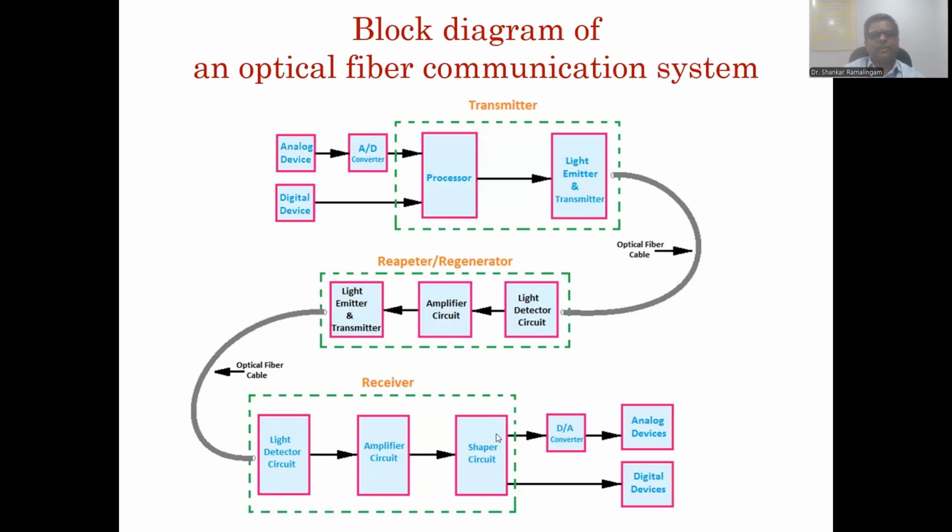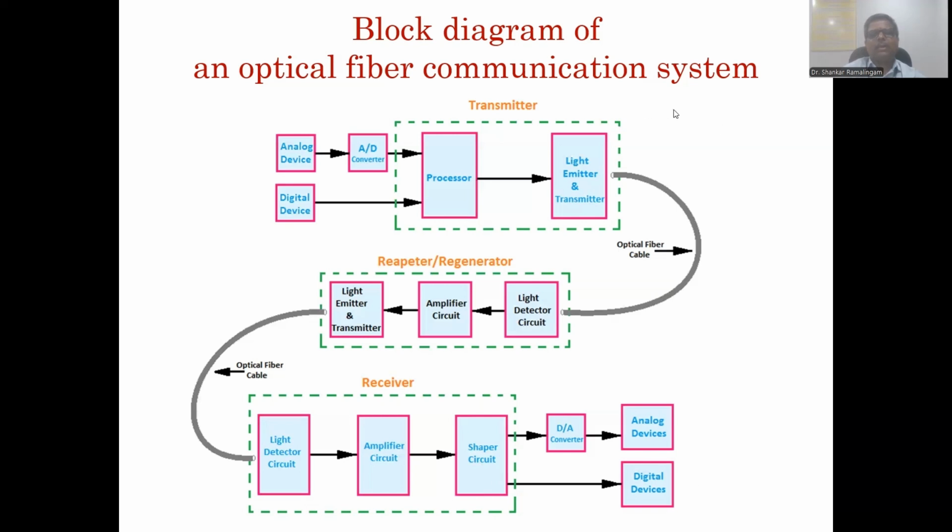This shaper circuit's output is going to be given to a digital to analog converter, where this digital signal given by the shaper circuit is converted into its equivalent analog value, and that is given as an input to the analog devices. Whereas in the other case, if it is a digital communication system, the shaper circuit's output is directly given to the digital devices.